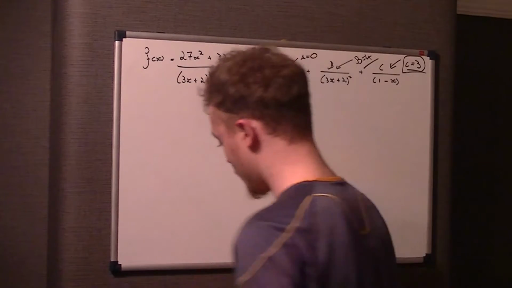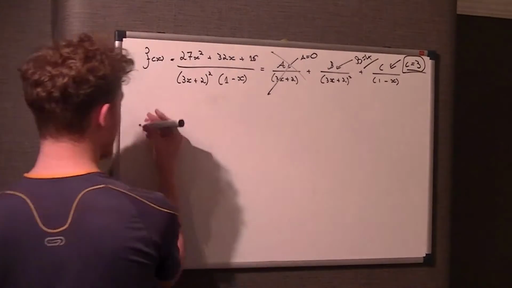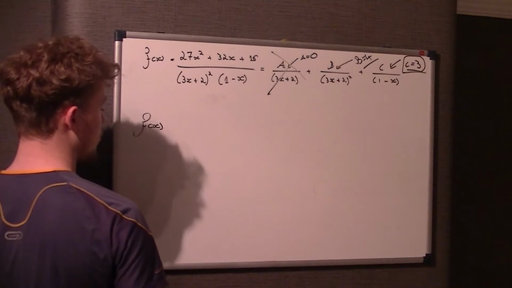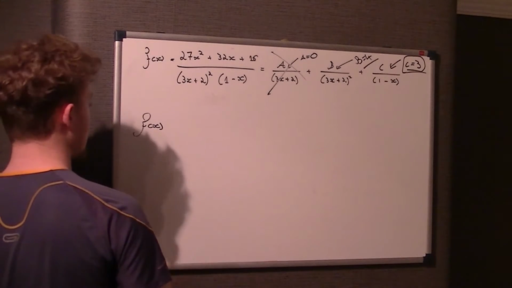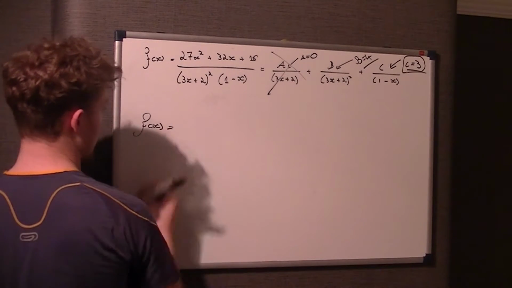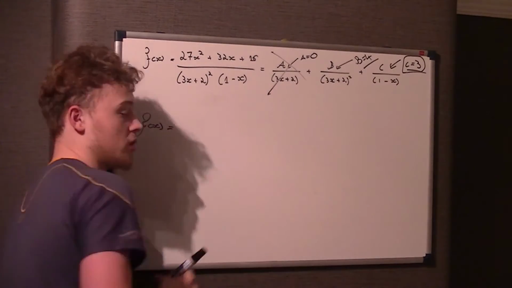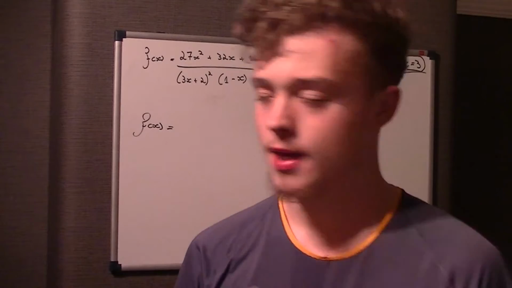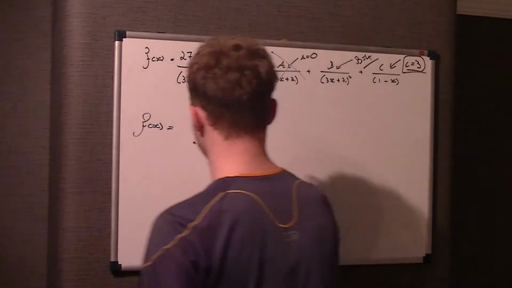Okay, so anyway, what we need to do, let's see, right, f(x), and we need to put it in a form which looks like something you would use binomial expansion on. Well, quite clearly you wouldn't use binomial expansion on 4 over (3x plus 2) all squared. You're more likely to use binomial expansion on this.